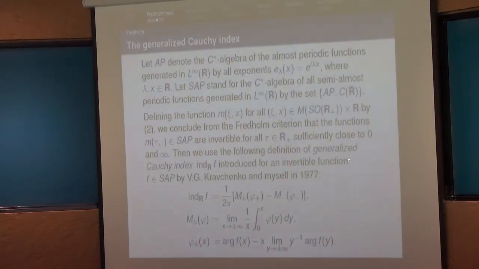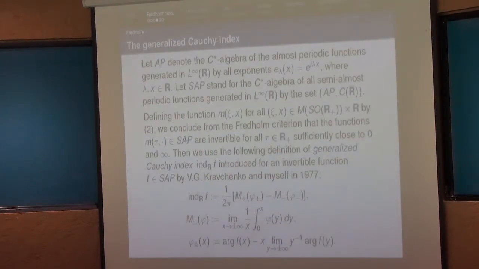Then we use the following definition of the generalized Cauchy index. We know that the Cauchy index, if the function is invertible and continuous, is obtained by taking the argument increment over segments, with normalization times 1 over 2 pi. Now this function is semi-almost periodic, so it has oscillation at points 0, minus infinity, and plus infinity. So in this case, this index is defined by the following formula. First, we use the Bohr theorem on the argument of an almost periodic function.